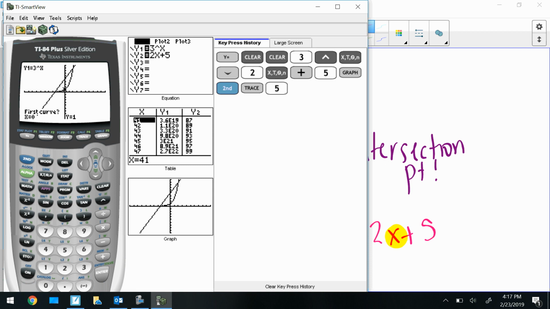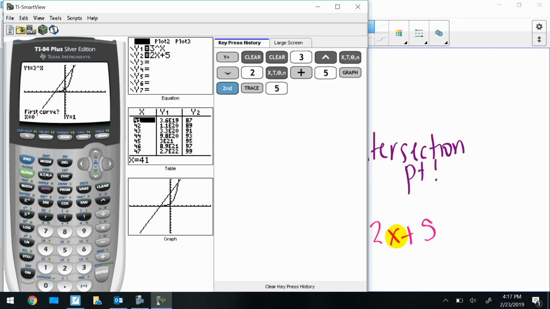Ideally, you can plug in, I think, 10 different equations. The calculator is smart, but the calculator is programmed to automatically ask you which curves you want to use. So whether you have 2 curves in here or 10 curves in here, it's still going to go through and ask you which ones you want to use.